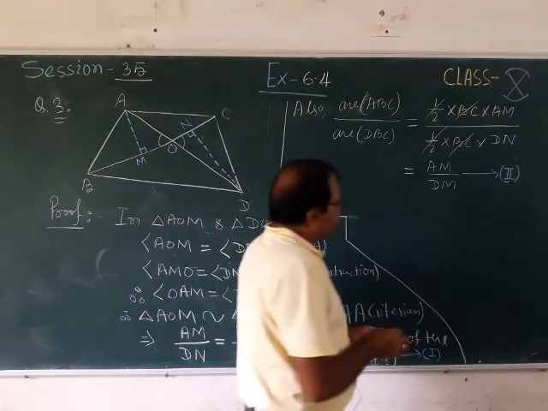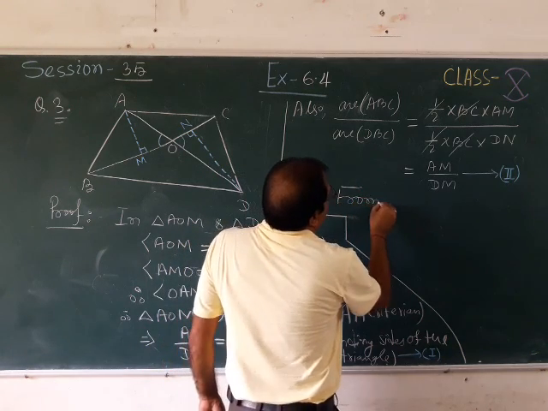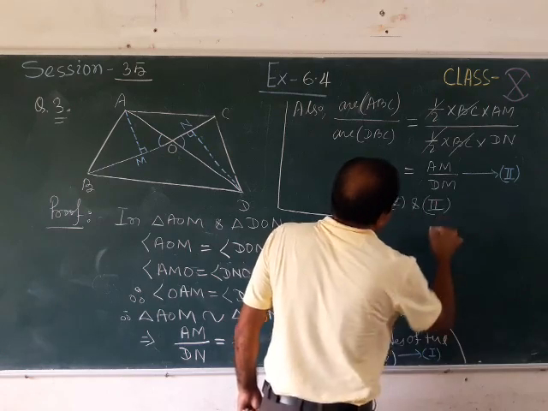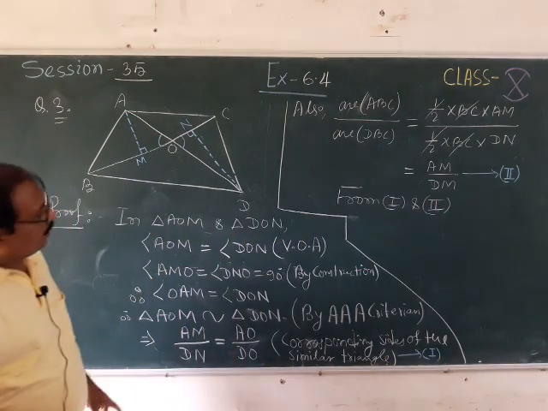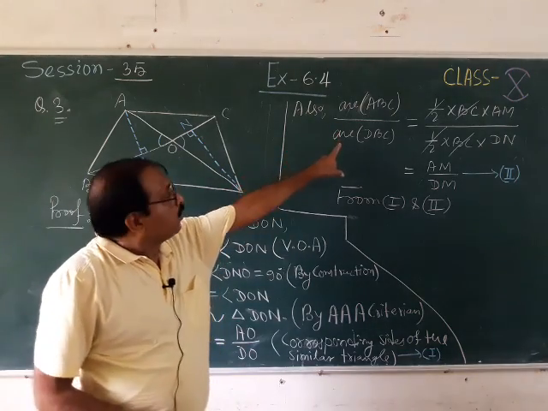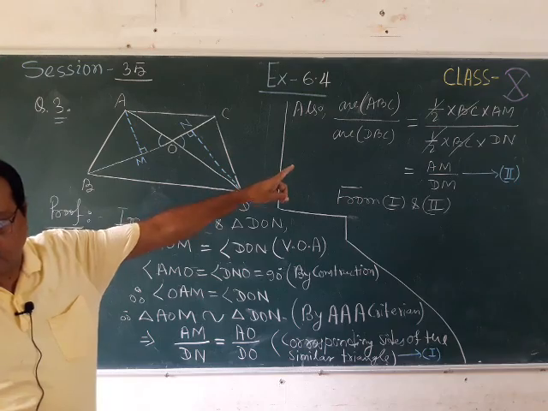So from the first and second relations, it is clear that AO upon DO is equal to area of triangle ABC upon area of triangle DBC.